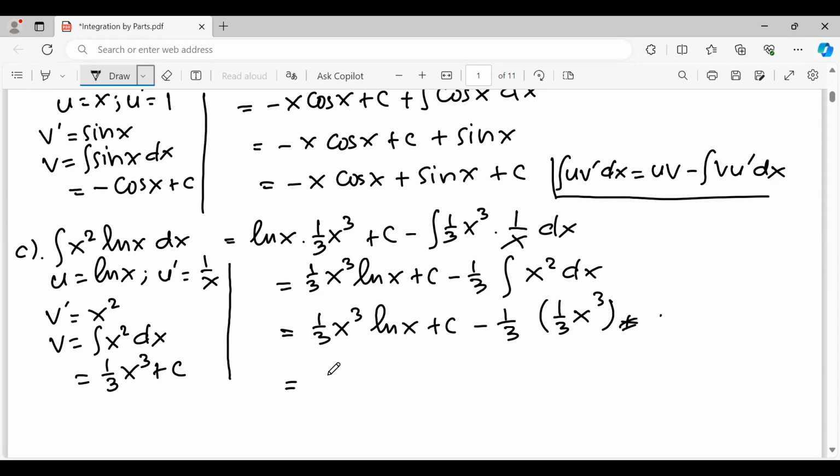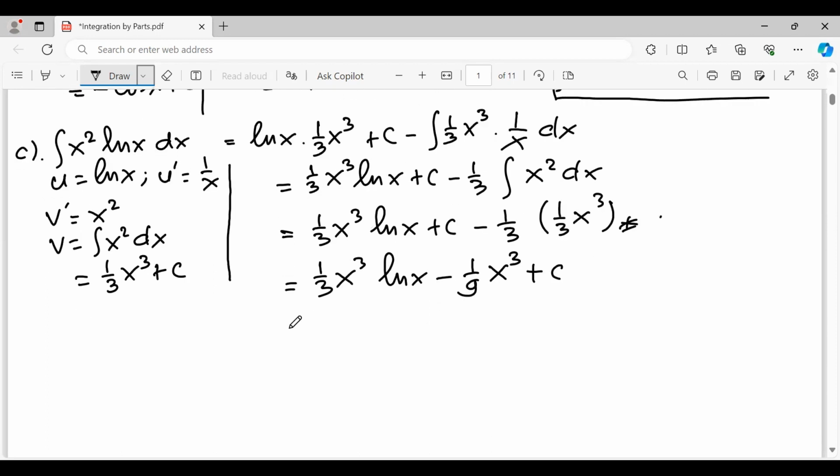So it is 1/3 x cubed ln x minus 1/9 x cubed plus c. This is the solution.